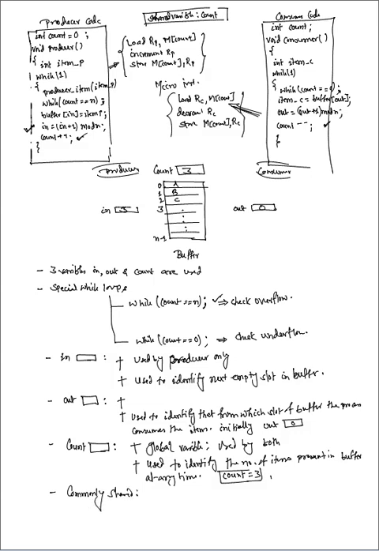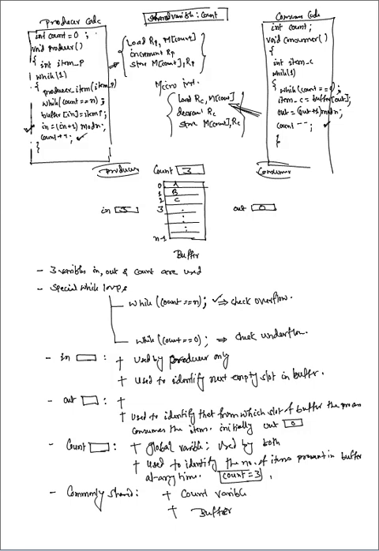You can see here the count variable is commonly shared, and the buffer. Till here it's okay. Now let us go to the code.